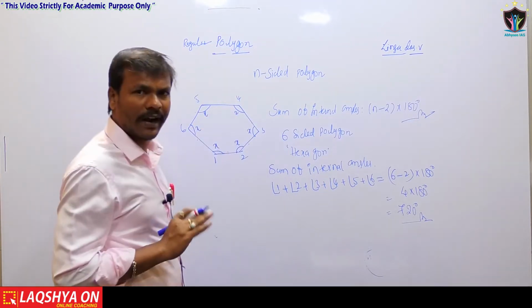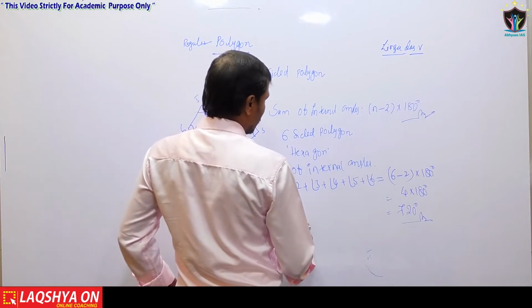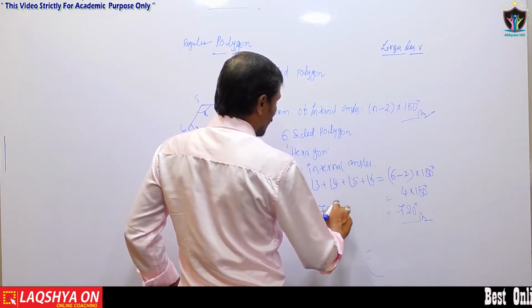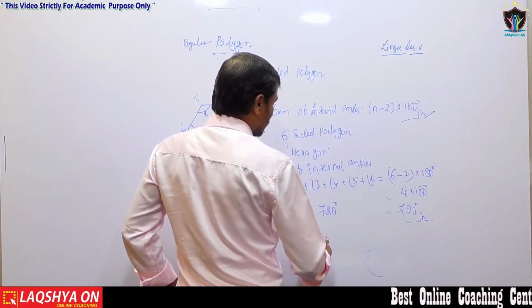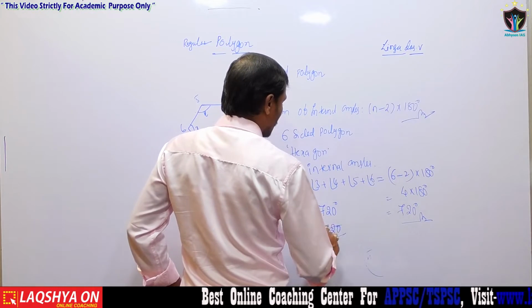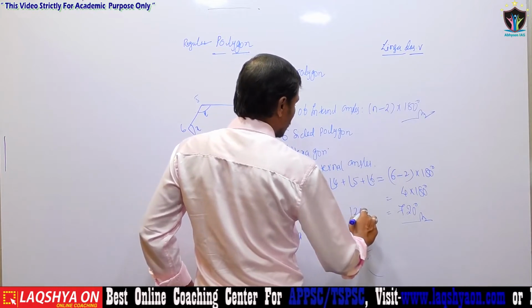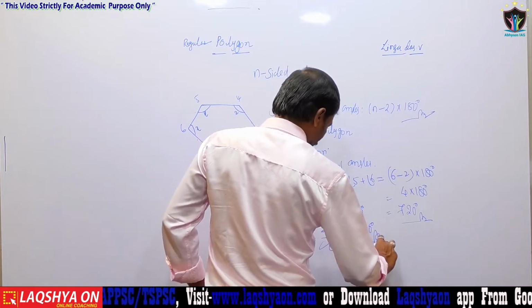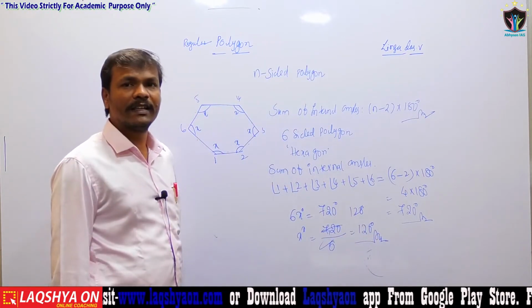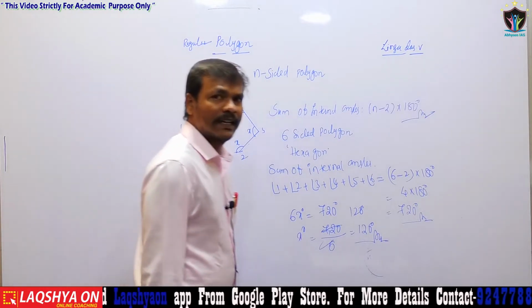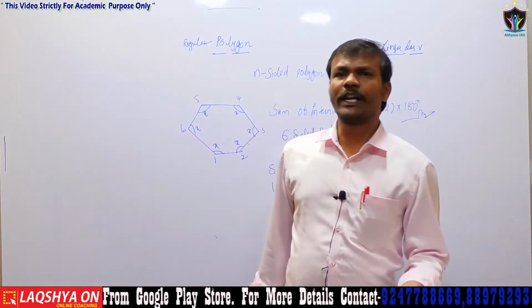The total of 6 are equal, so 6x degrees is equal to 720. x degrees is 720 by 6, so each internal angle is 120 degrees. That means in a hexagon, each internal angle is 120 degrees.